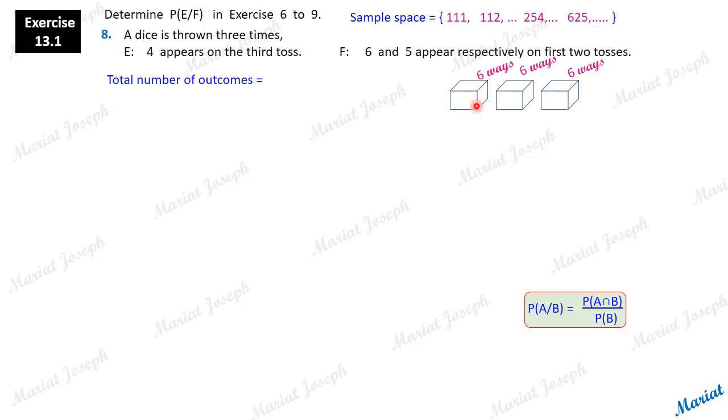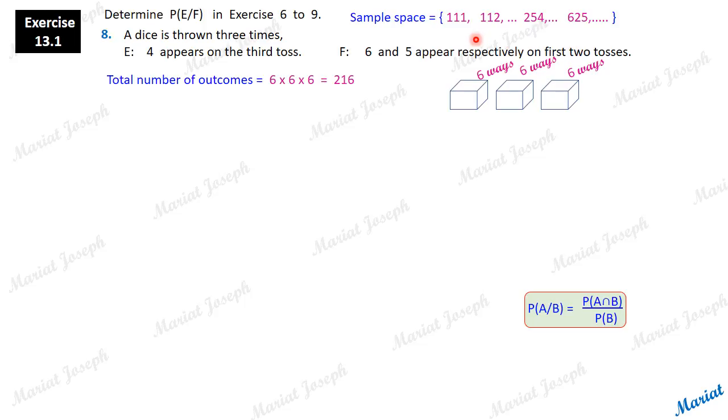So we say 6, 2, 5 outcome, etc. How many are there? That is what we discussed just now: 6 into 6 into 6, 216 outcomes. Of course, it's not feasible to write all 216 outcomes. A few of them are mentioned here as samples.